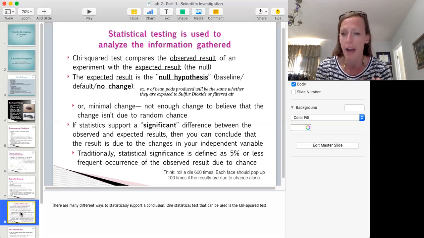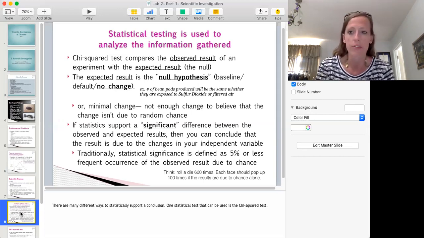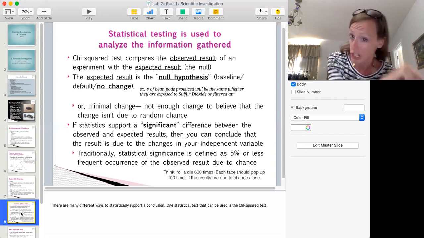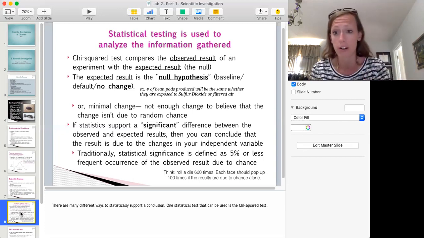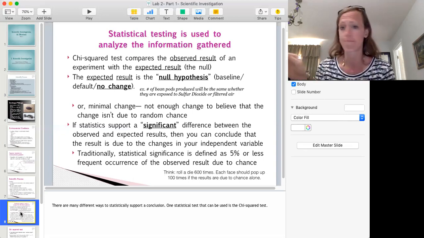We have to expect the null, that there is no preference, okay? So for the chi-squared test, we assume that there's no preference. There's going to be no change at the end of the test. And basically, if you see a change from the null, then we have some numbers to back that up, because we're expecting baseline.